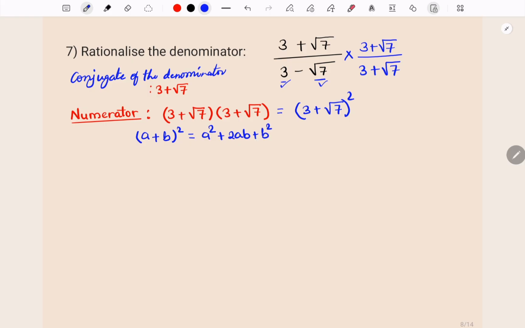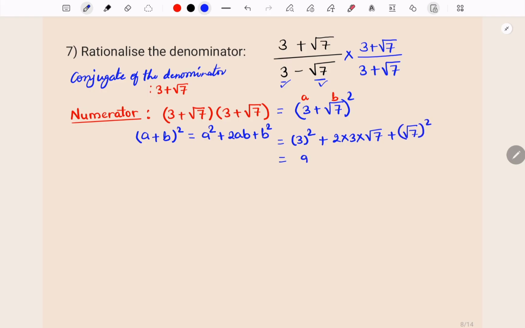If we compare it with the original question, we have 3 in place of a and root 7 in place of b. So using that, we can expand this expression. It would be a squared. So we will write 3 squared plus 2ab. So I will write 2 times 3 times root 7 plus b squared. That would be root 7 squared in our case.